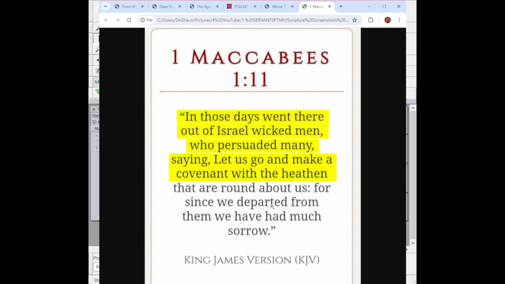For since we departed from them, we have had much sorrow. So there is some of our own people, our own bloodline, who chose to sell us out and make a covenant with the heathen. So we cannot go based upon surface level and skin color and nationality. It is about the spirit. It's about your heart condition. It's about your mindset. It's about righteousness or wickedness.